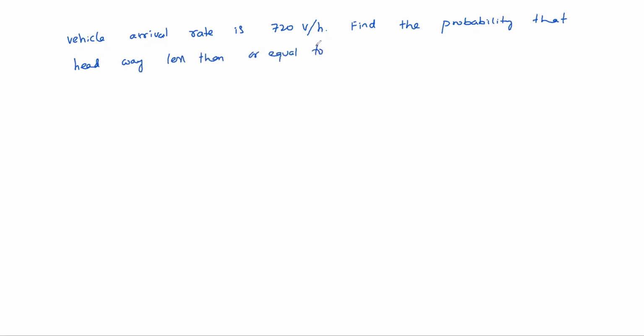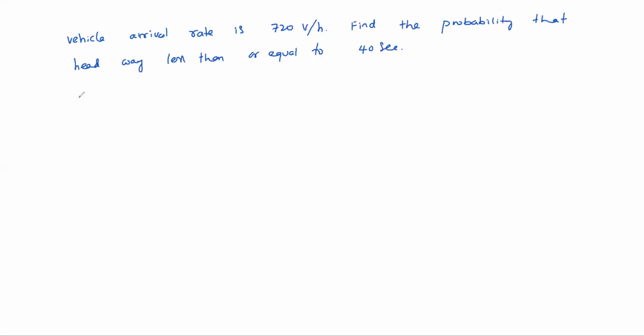Similarly, I will explain you one more problem. Vehicle arrival rate is 720 vehicles per hour. Find the probability that headway is less than or equal to 40 seconds.